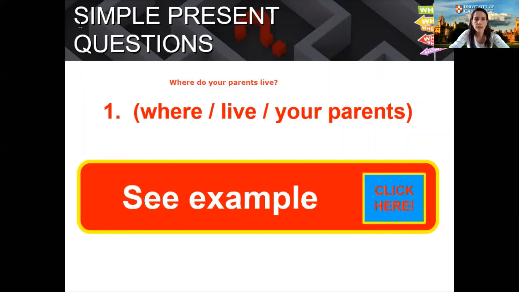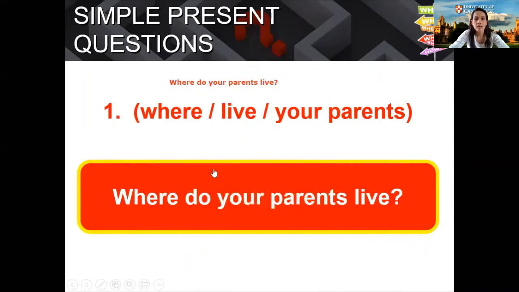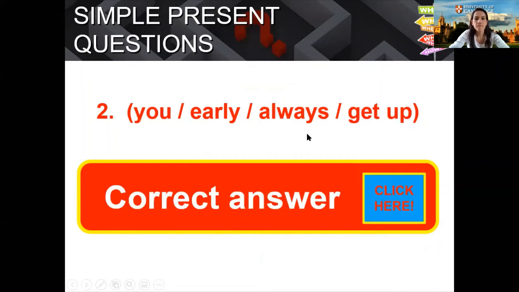Okay, and look at this. My question can be like this: where do your parents live? Okay, so let's go with the next. You early always get up. We want to make a question and we're going to use do.